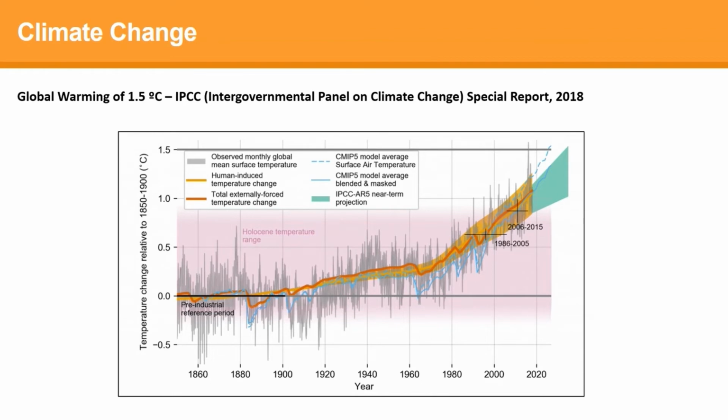Because in 2018 it was predicted that in the next decade the surface global temperature will arrive at 1.5 degrees. So they did some research, modeling and analysis to say what will happen if global warming reaches 1.5 degrees.